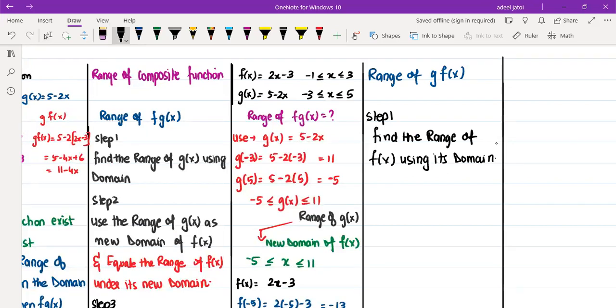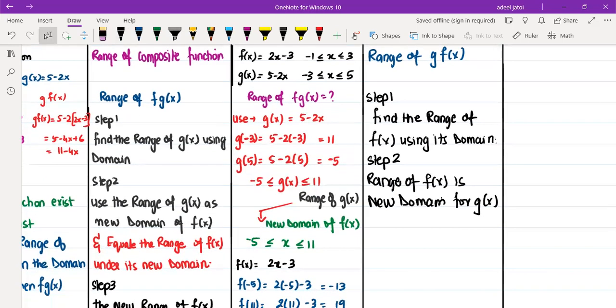Now, since you have the range of f(x), the range of f(x) is the new domain for g(x). Range of f(x) is the new domain of g(x). So step 2, evaluate the range of g(x) under the new domain.